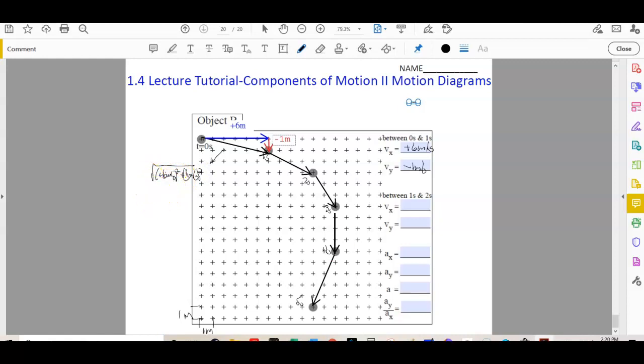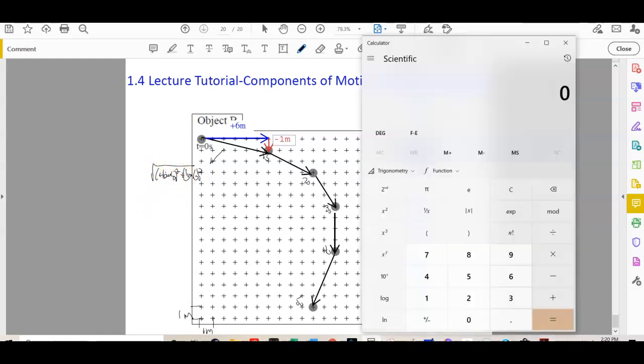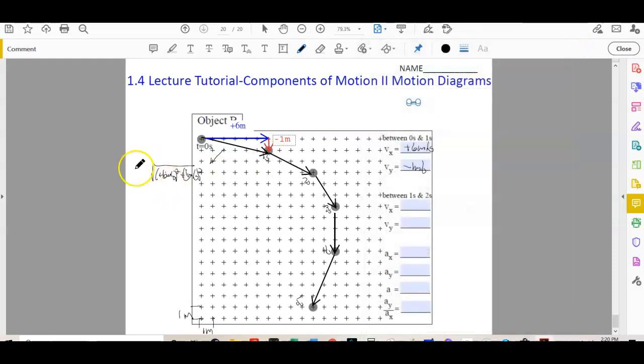So it would be the square root of 37, which would be 6.08 meters per second. So this velocity vector right here is 6.08 meters per second. And we can figure out the angle if we want, but that's kind of not what we're asked to do.